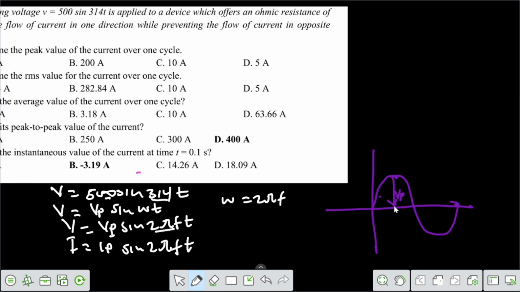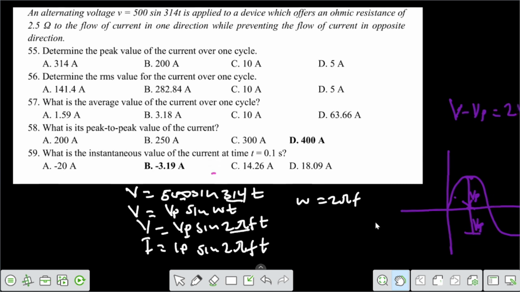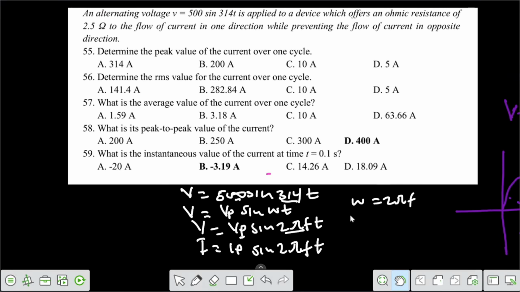If you want to get the peak to peak, it means twice this particular peak, we get another peak downwards. That's the peak to peak voltage. So our peak to peak voltage is twice Vp, right? And similarly, our peak voltage is from here to the maximum. So if we understand this, then we can move easily.